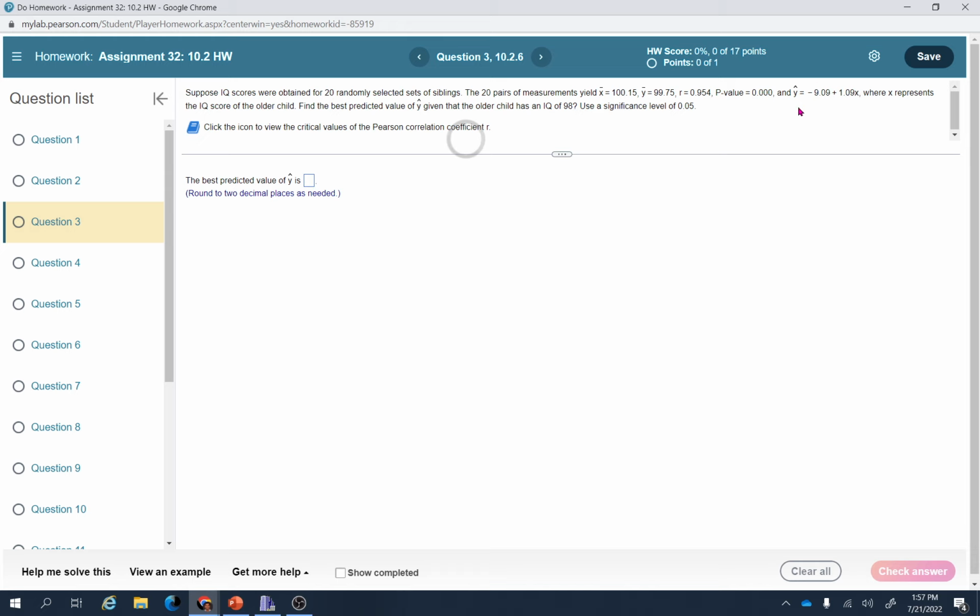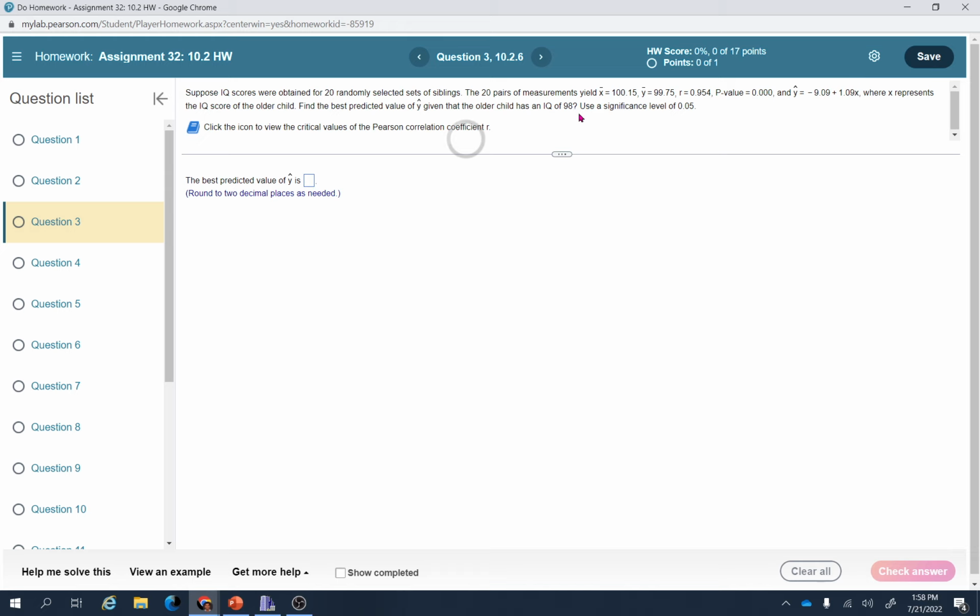Remember, Y cap is just to make sure it's a different variable. You can also use Y instead of Y cap. That's just the IQ for the younger child. This is the relation between the IQ level of the older child and the younger child. So Y cap is the IQ for the younger child, and X is the IQ level for the older child.